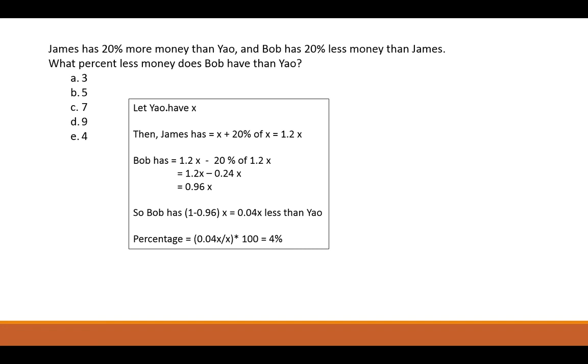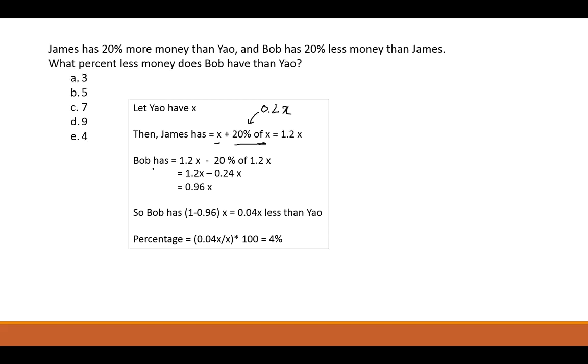James has 20% more than x. So James has what Yao has plus 20% more of what Yao has. 20% comes out to be 0.2, so this becomes x plus 0.2x, which is 1.2x.